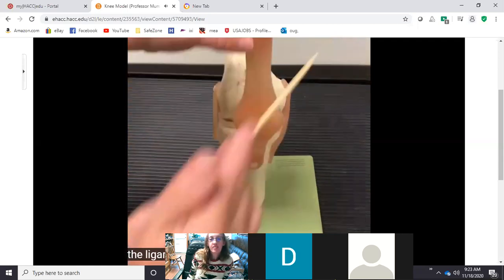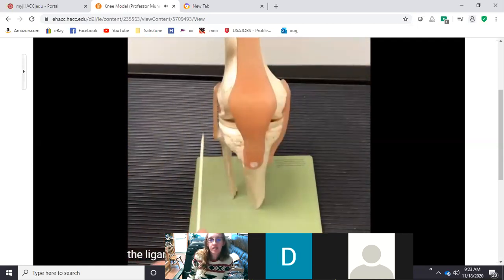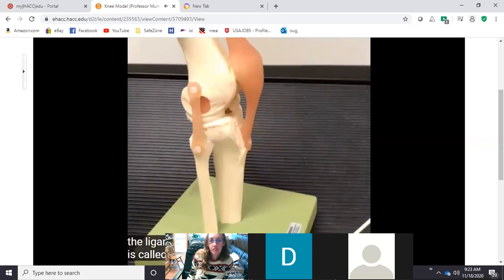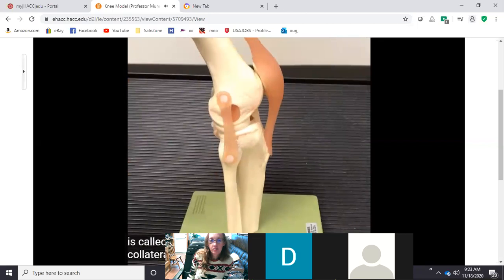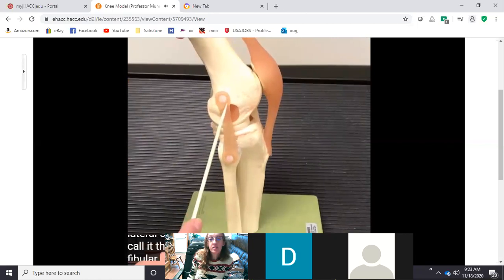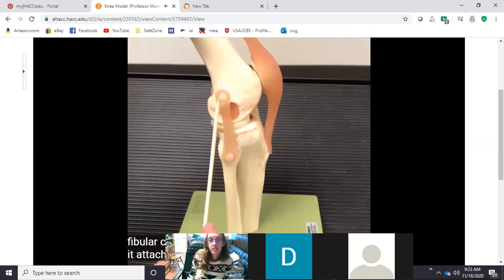The ligament that is located laterally is called the lateral collateral ligament. If I turn it to the side, you can see this lateral collateral ligament, or we can call it the fibular collateral ligament. It attaches from the lateral epicondyle of the femur to the head of the fibula.